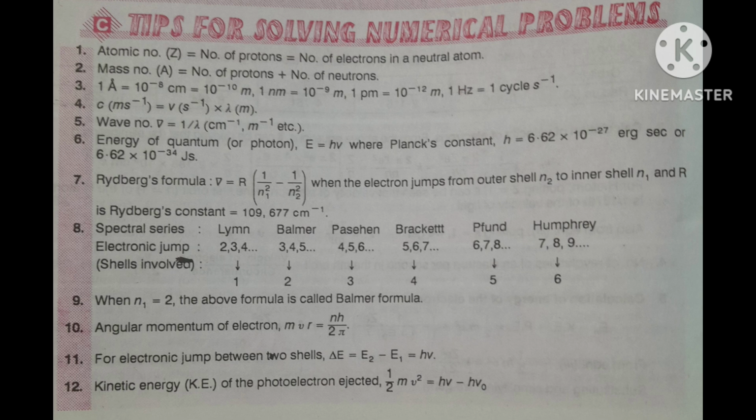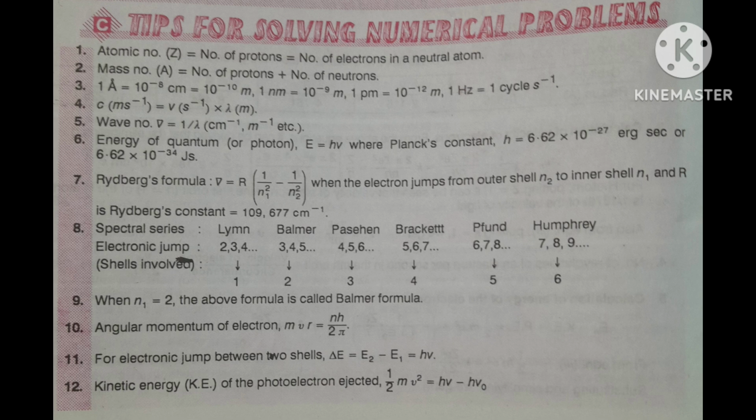If it jumps to the third orbit from orbit number 4, 5, 6, 7, like that, then it is the Paschen series.